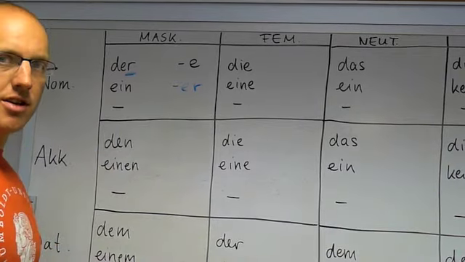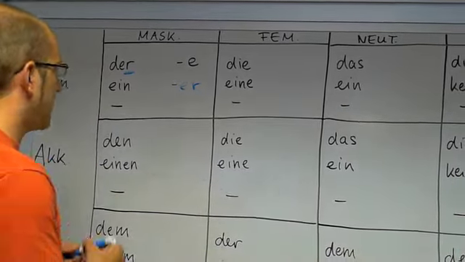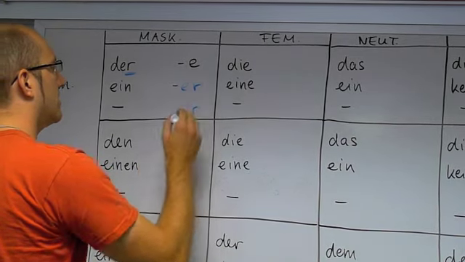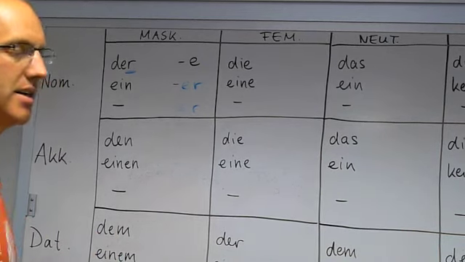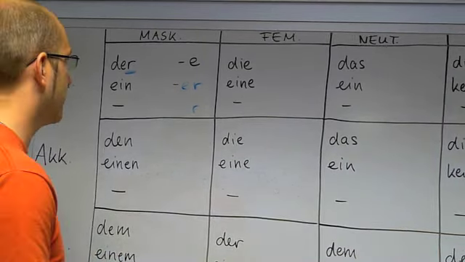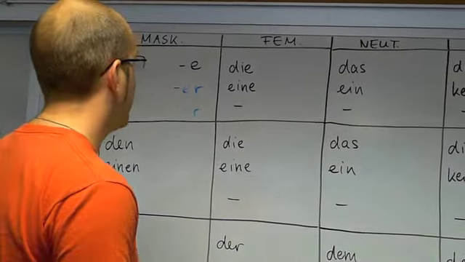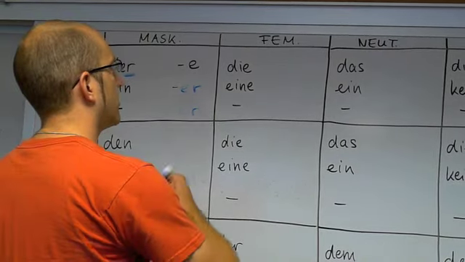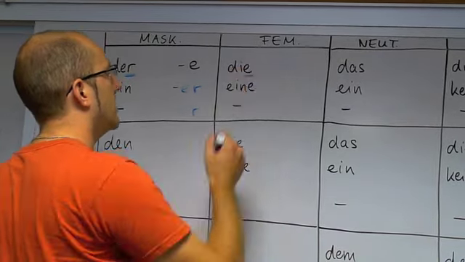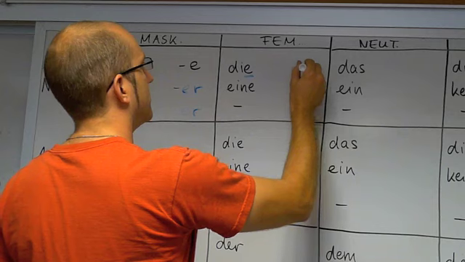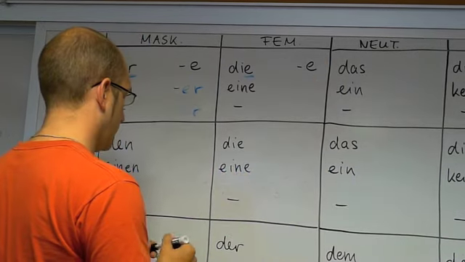If we don't have an article at all, obviously we don't have the strong ending, so we're going to need the strong ending in the adjective itself, er. The same goes for feminine. If we have die, it already has its strong marker e in the article, and we're going to take a weak ending, again e.